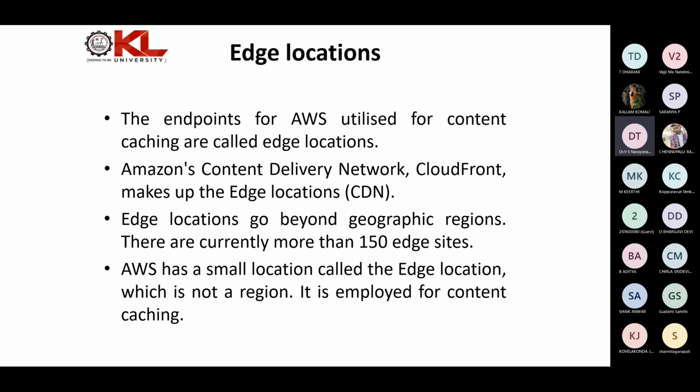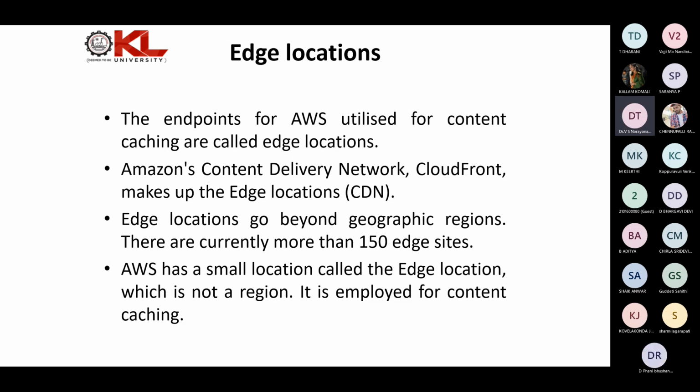When the users or the consumers are ready to consume the web service, the end users communicate with the web server. We call it an endpoint utilized for content caching, or an edge location, from where that particular web service is served.